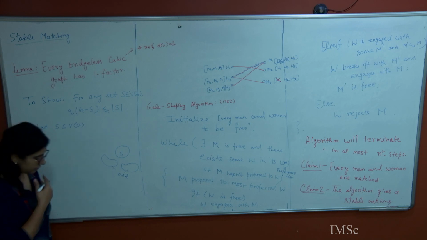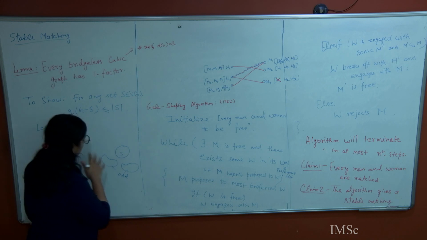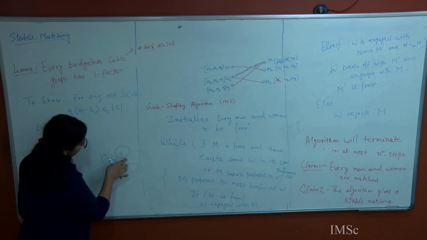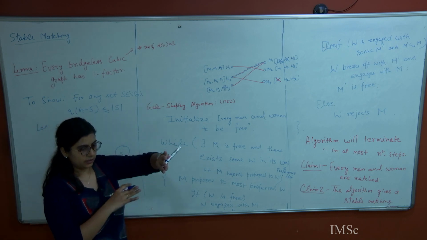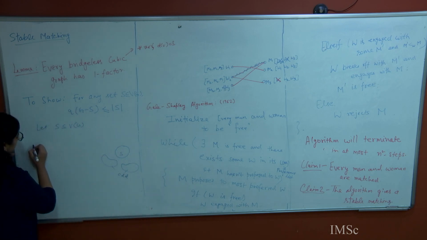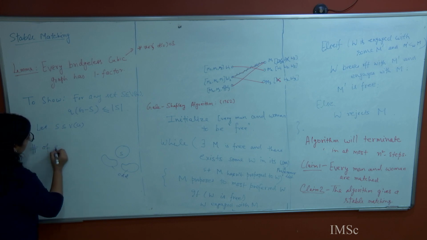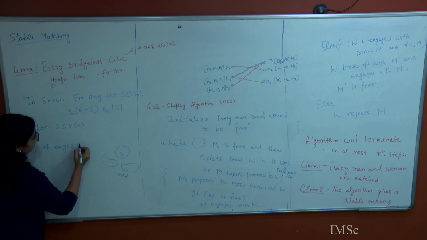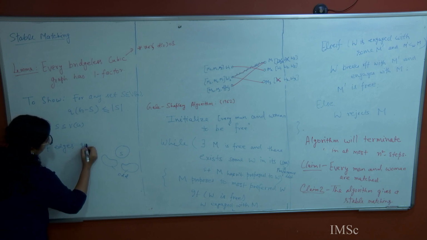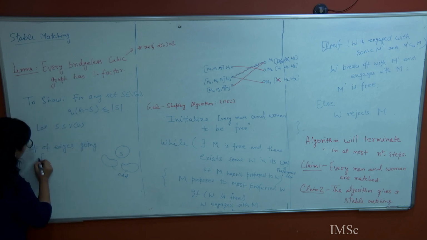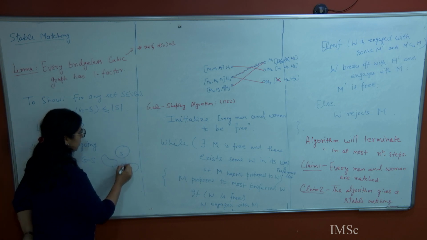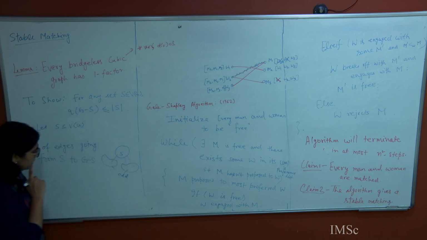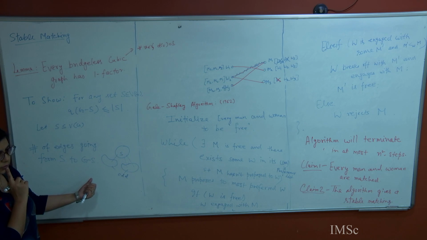First of all, let's look at the number of edges going from S to G minus S. So, what is that number? How many edges will be going there?